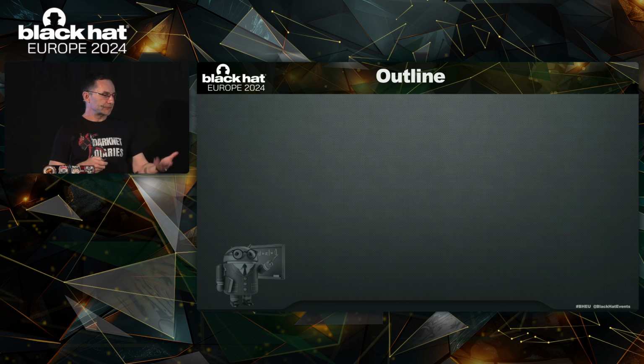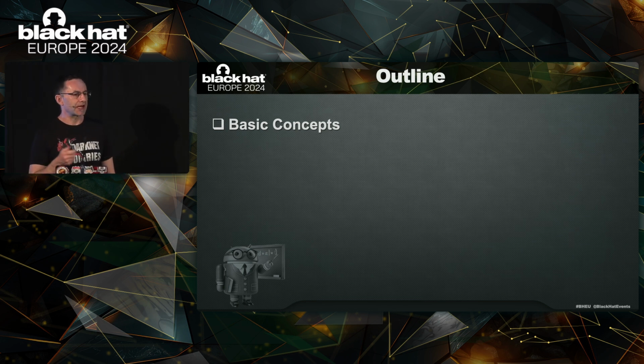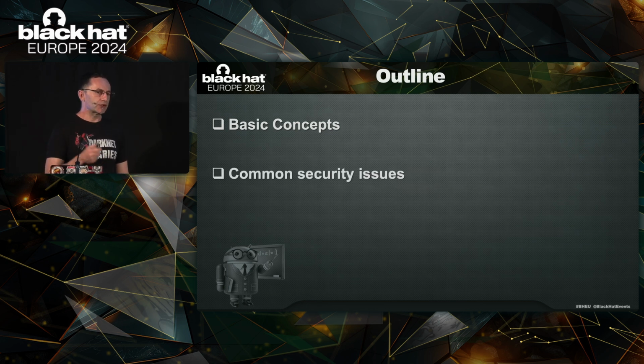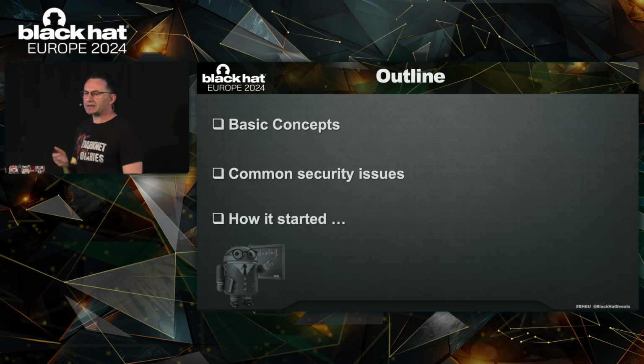So we're going to jump right into the outline of this briefing, which consists of the following topics. First of all, we're going to talk about some basic concepts regarding class loaders, parcelables, serializables. And then we're going to see some common security issues which may occur when we handle these objects in an insecure manner. After that, we're going to see what was the main motive behind this research, behind this idea.